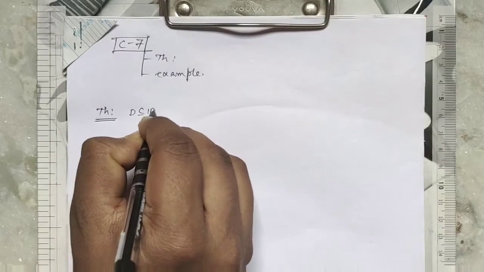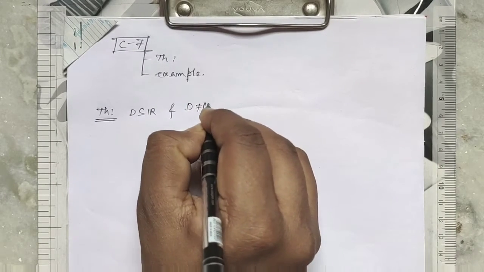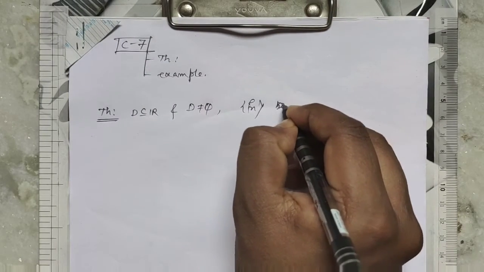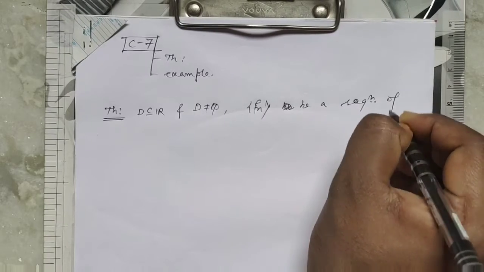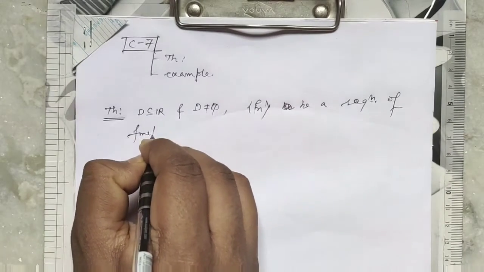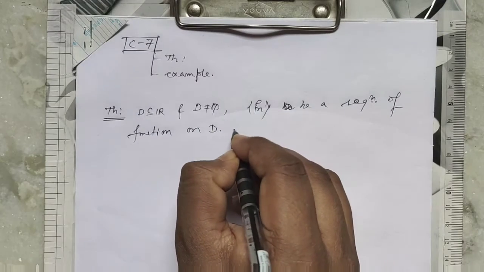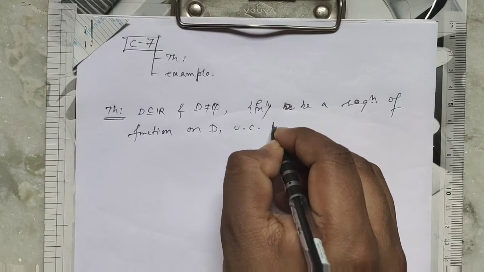Let D be a subset of R and D not equal to empty set. Let f_n be a sequence of functions on D, uniformly convergent to f.